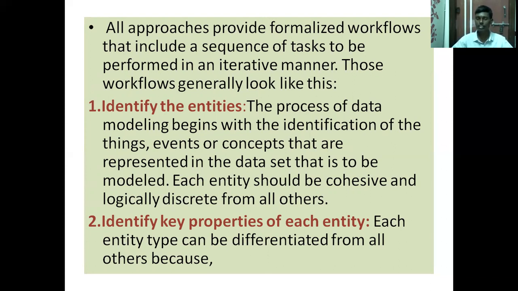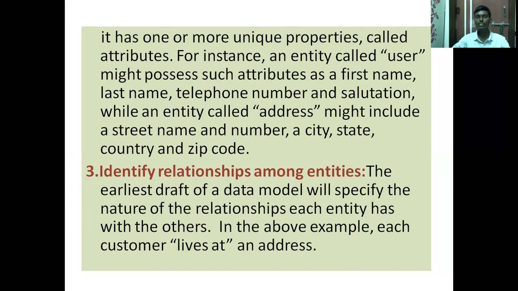When we are beginning data modeling, the identification of entities is very important, because by knowing the main entities only, we can go for further data modeling. Second point, identify key properties of each entity. Each entity type can be differentiated from all others because it has one or more unique properties called attributes.